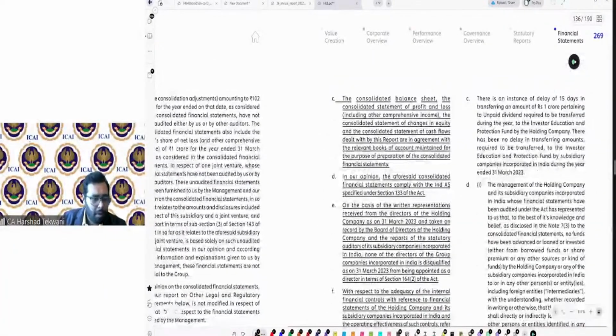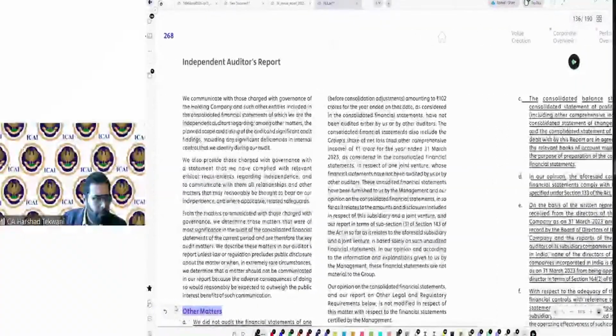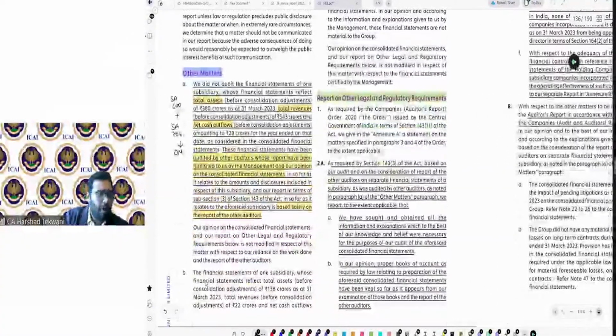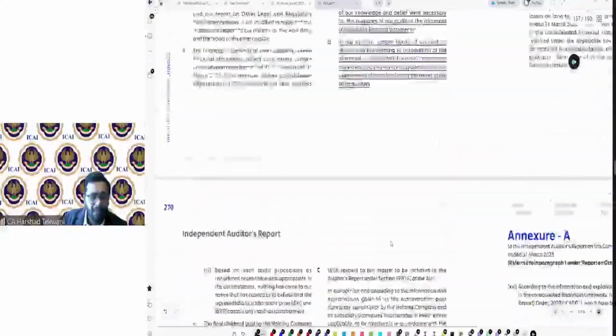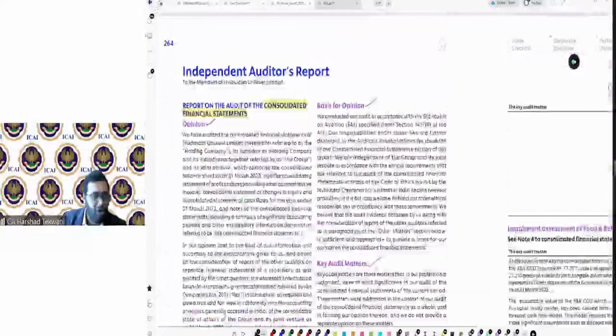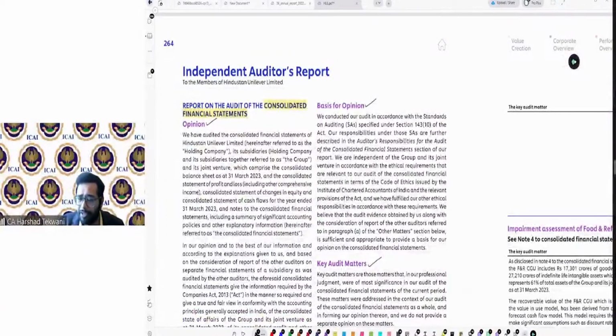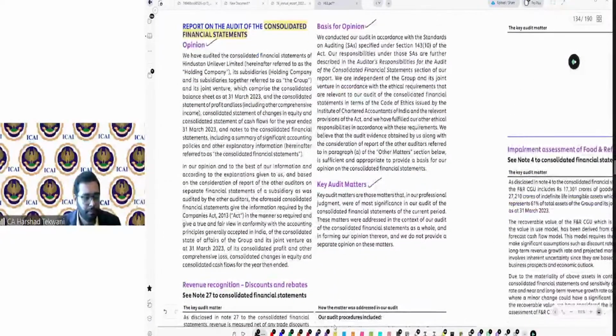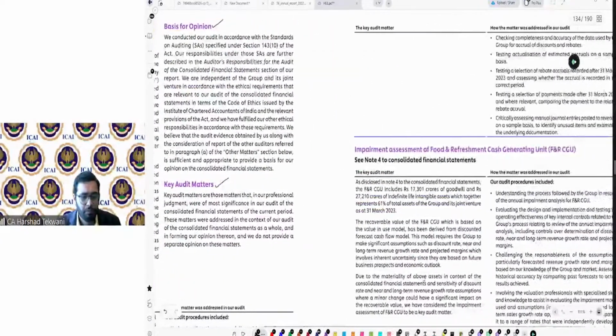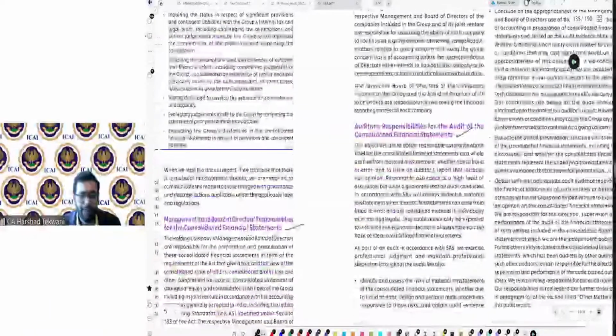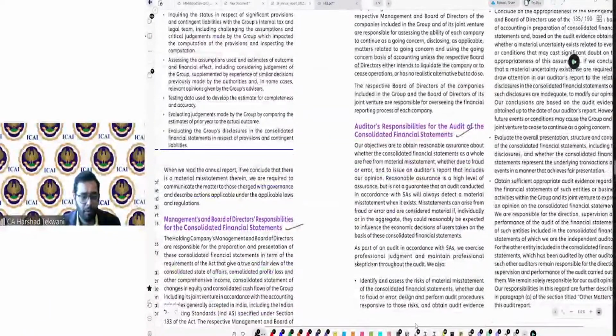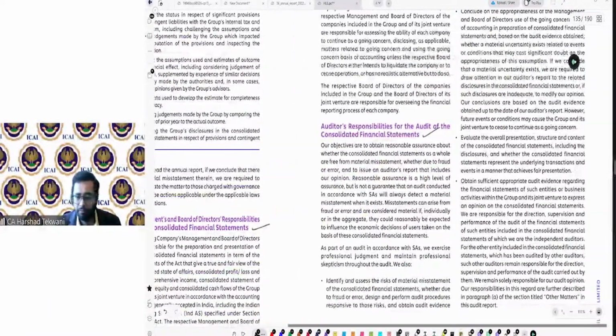Then we have other matter paragraphs. EOM might not be there, that's why it's not here. Everything is here. The way they are in the audit report of standalone financial statement, the same is applicable over here also, in a similar fashion.